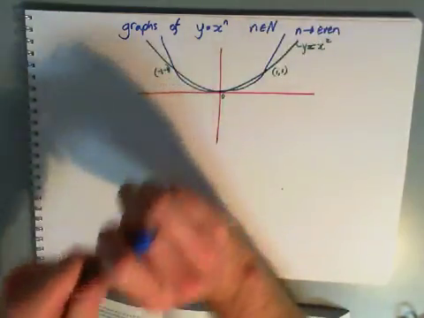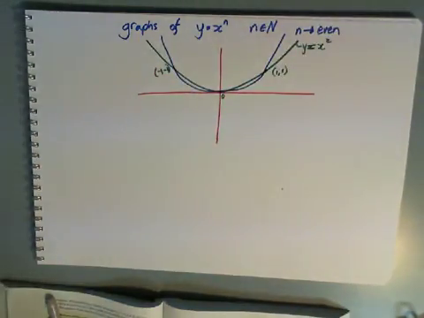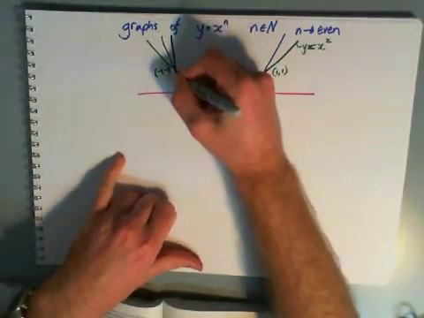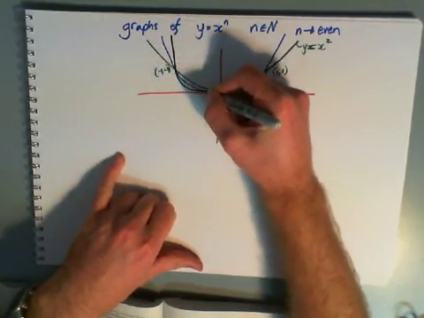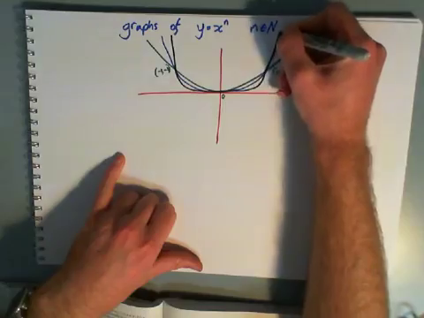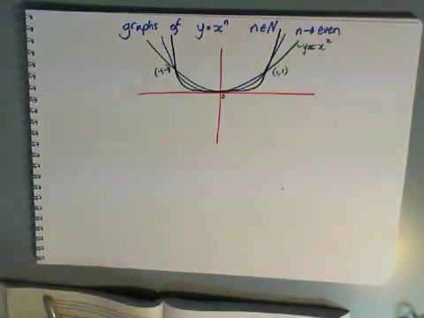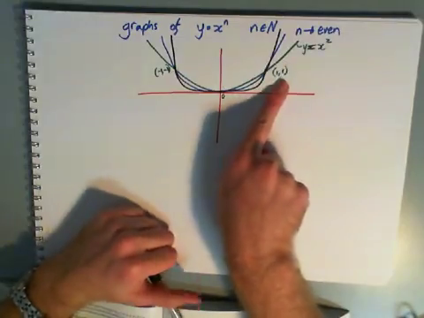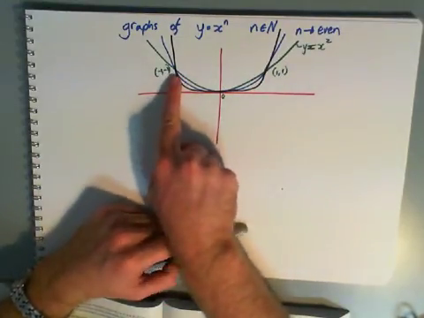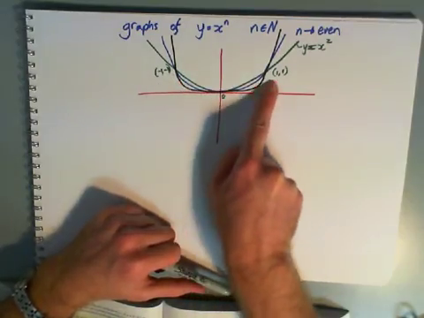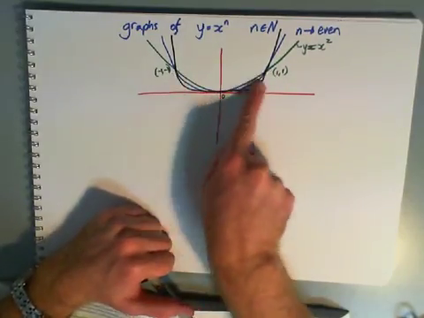I'll just go through one more, which is x to the power of 6. And again, that's going to be even steeper, but it follows the same shape. It goes through minus 1, minus 1, positive 1, positive 1. And as we can see, similar to the odd powers, we get closer and closer to the x-axis as we go higher in power.